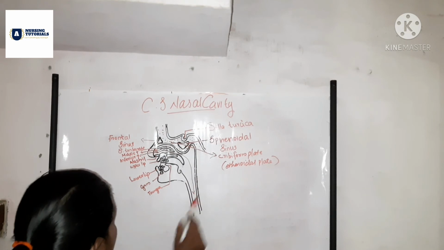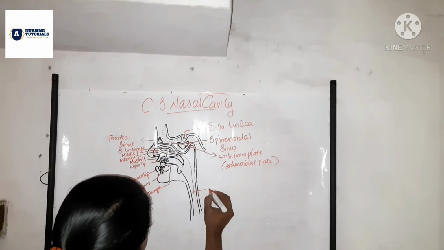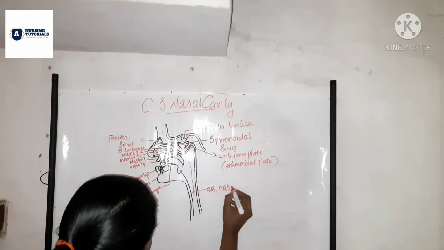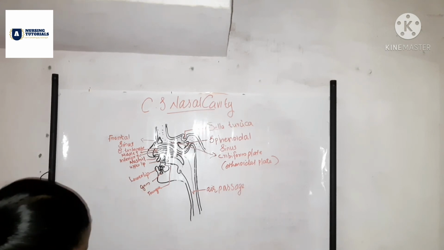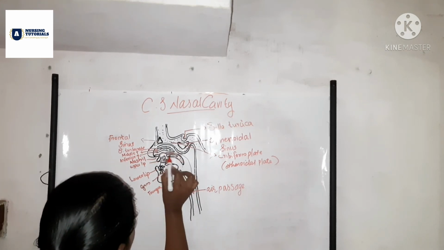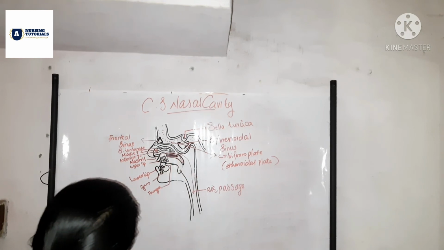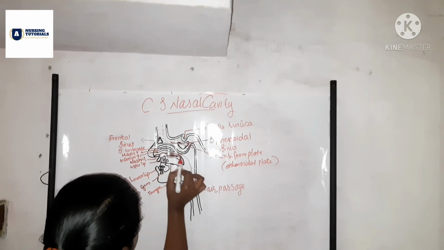This is the air passage from the nostrils through the turbinates. The air passes to the larynx, which is the air passage. And just below the nasal cavity there is a bony structure that is known as the palate.